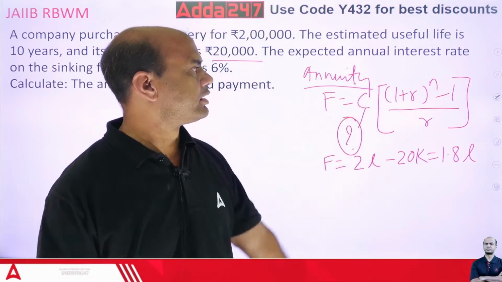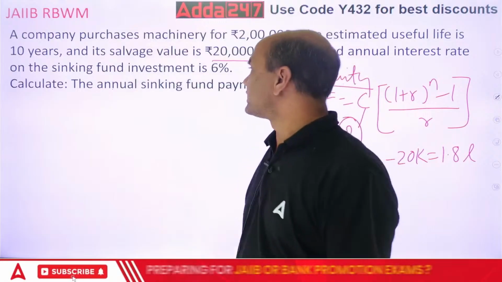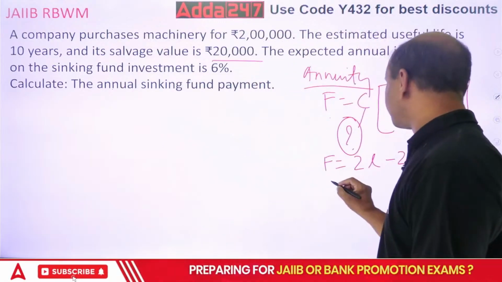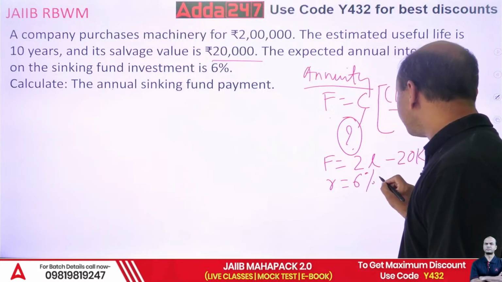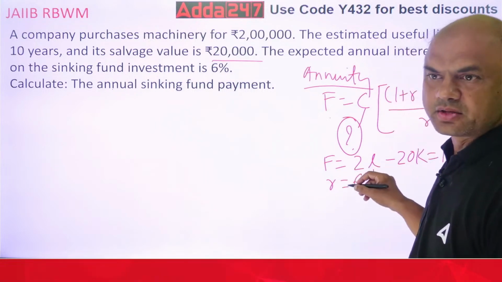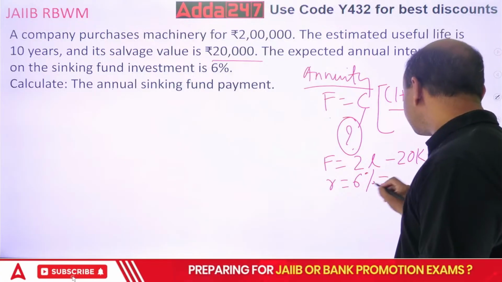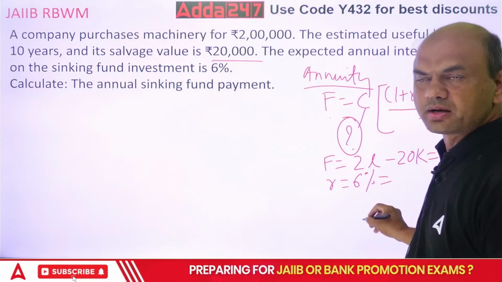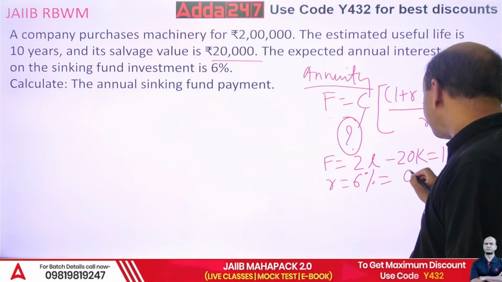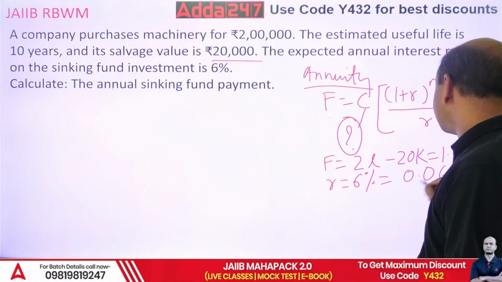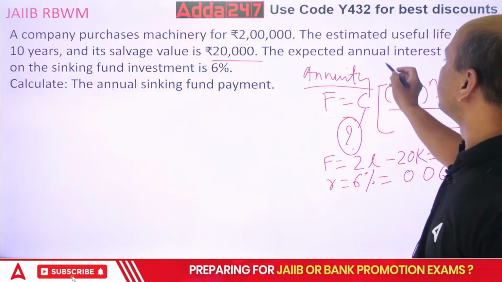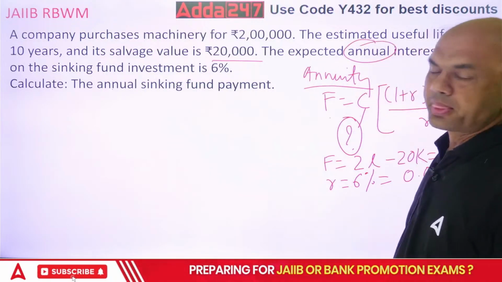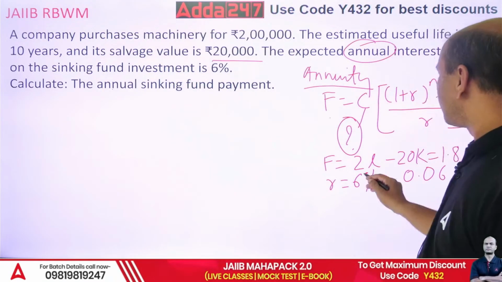Next, R. R is the rate of interest. It's directly given, 6%. R equals 6%. Convert it into 100 terms. So 6% means 6 divided by 100, 0.06. You want it annual, so you will not make any change.